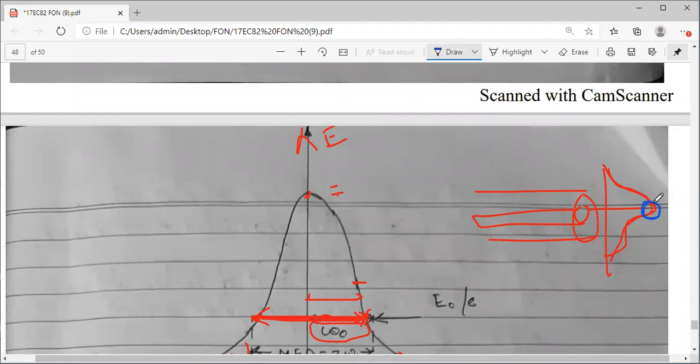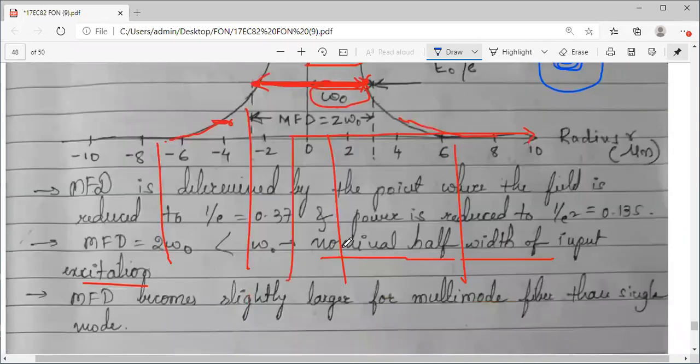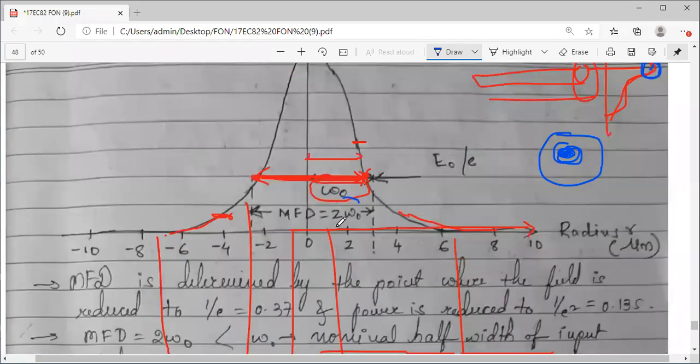For example, if you see this is your maximum point, then how will your spot size look? In front view, this is your spot size concentrated at the center. So omega naught is your spot size or nominal half width of the input excitation. If you take 2 times of this omega naught, it will become MFD. MFD is the distance between these 2 points.